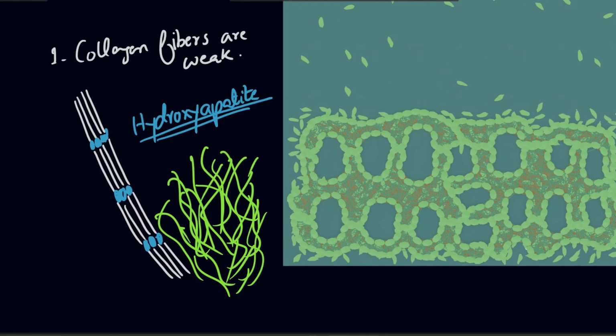But during the first iteration of formation of bone, nature says okay, I just need the bone, so it quickly forms a basic type of bone, and that basic type of bone has irregularly arranged collagen fibers. That is a relatively weaker type of bone, and that type of bone is called woven bone.